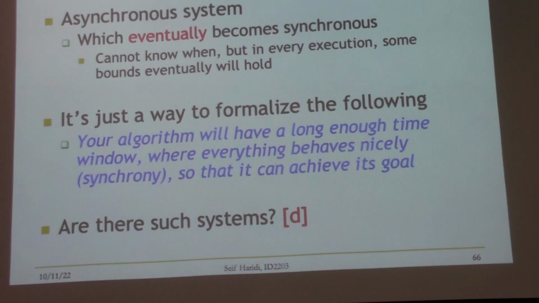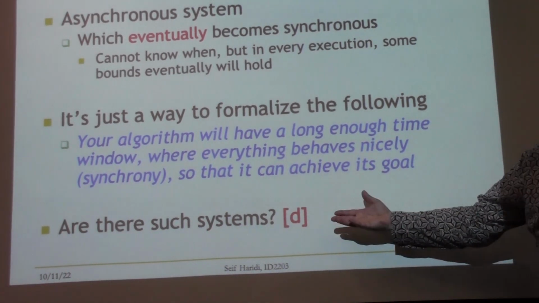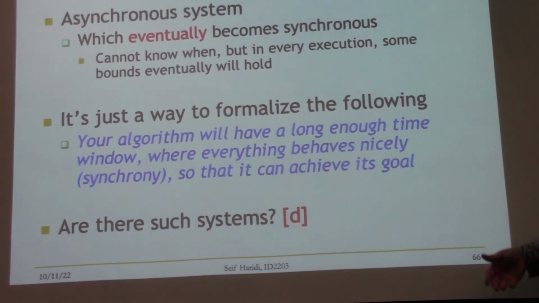So in fact, clearly there are such systems, but there's a very famous one. The internet is a partially synchronous system because of physics, because of locality. When I talk between two nodes, there will be a bound, which depends on the physical distance.